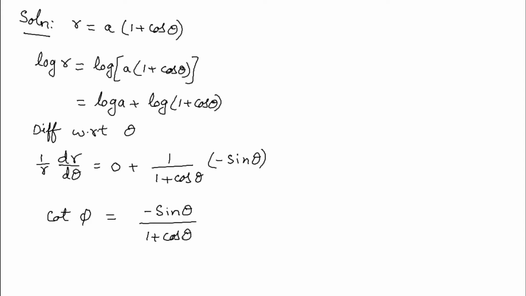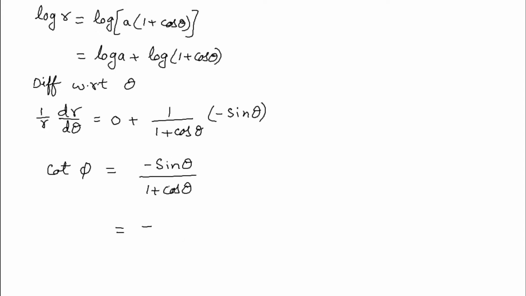So let us simplify this one. I can write this sine theta in terms of half angle formula as 2 sine theta by 2 into cos of theta by 2, whole divided by 1 plus cos theta, which can be written as 2 cos square theta by 2. We can cancel out this 2 and 2.